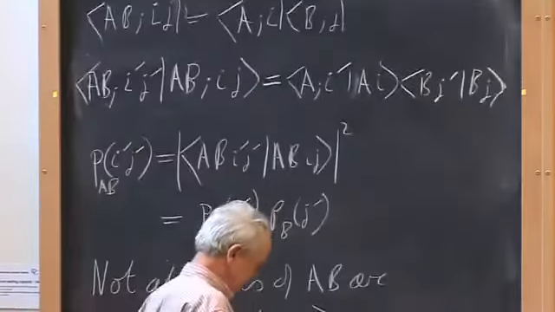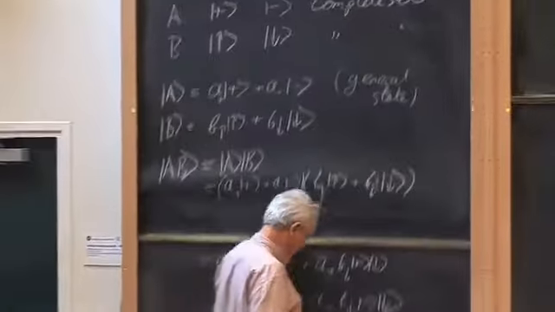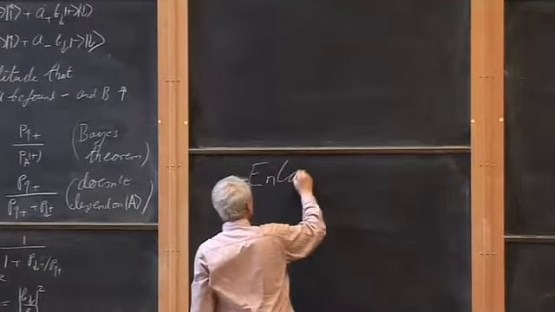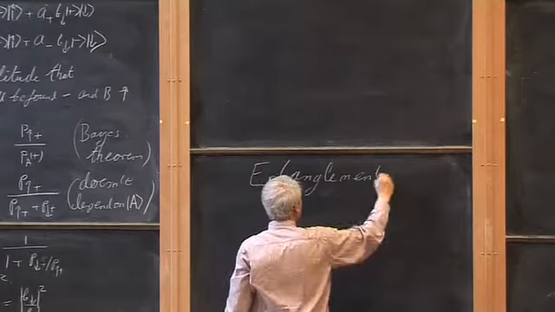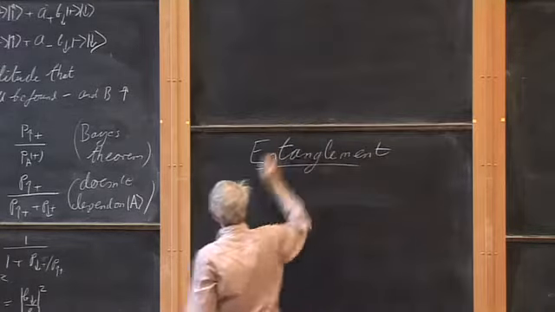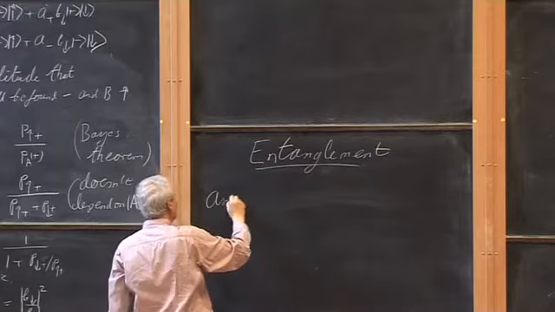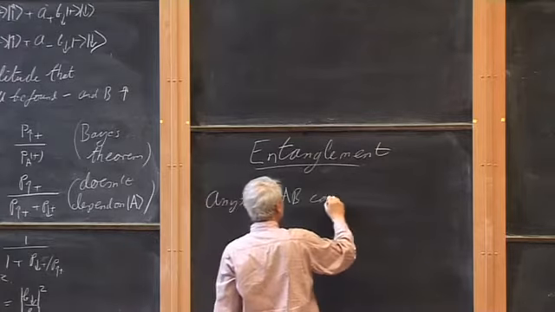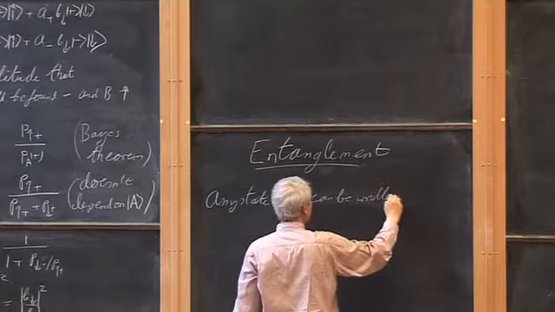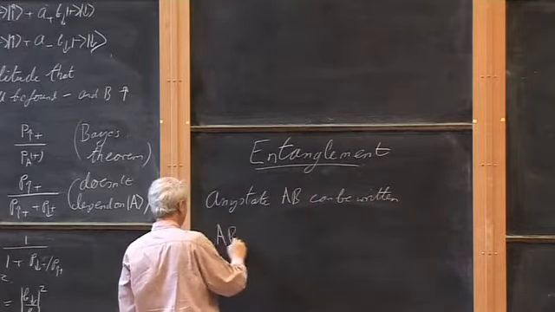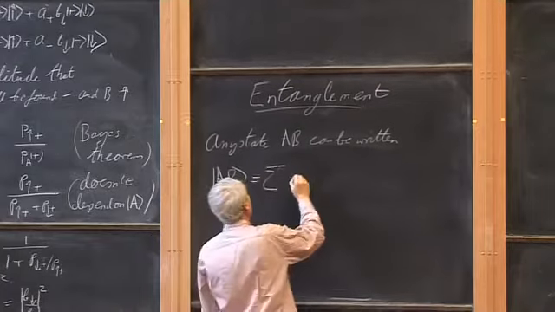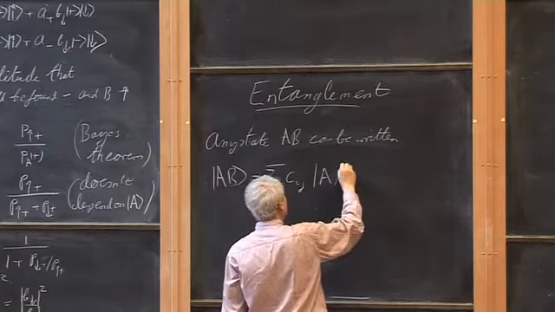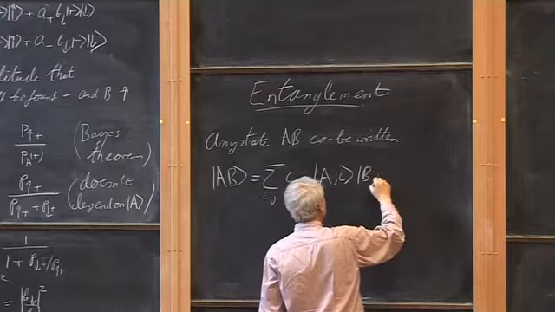So the conclusion here is: any state of AB can be written as the state AB equals the sum of C_ij, summed over i and summed over j, of states A_i, B_j.